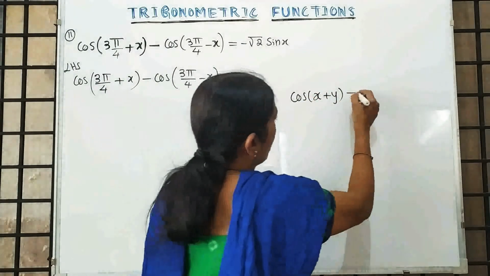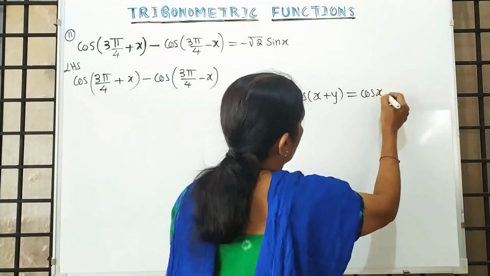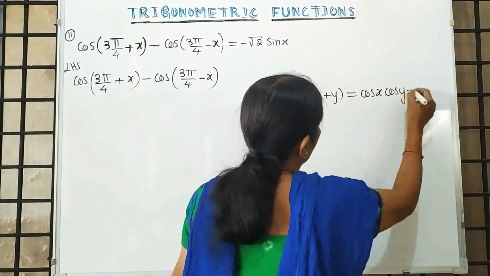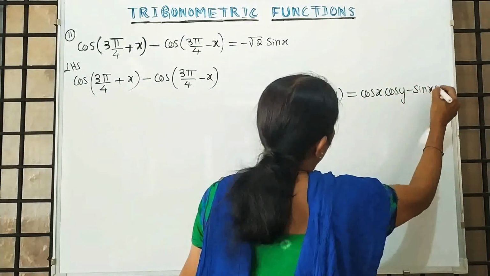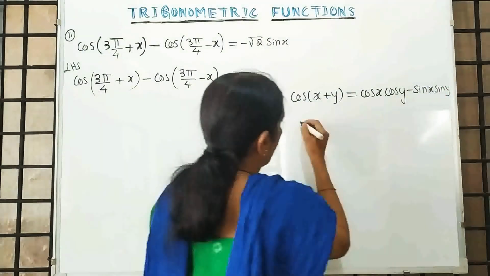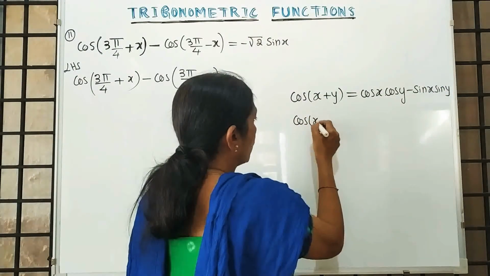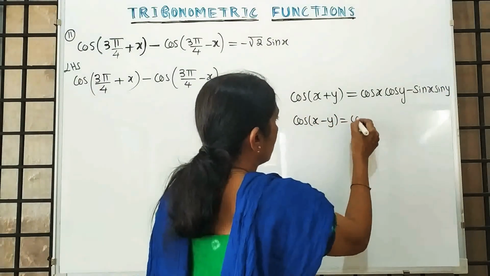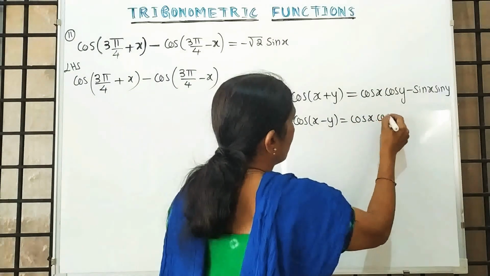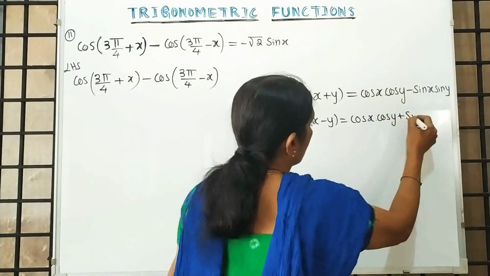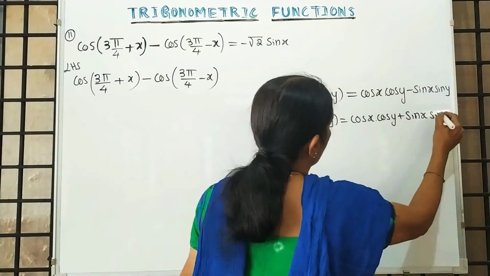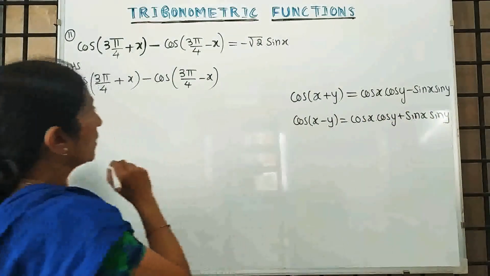Cos of x plus y is cos x into cos y minus sin x into sin y, and cos of x minus y is cos x into cos y plus sin x into sin y. Apply these formulas here.